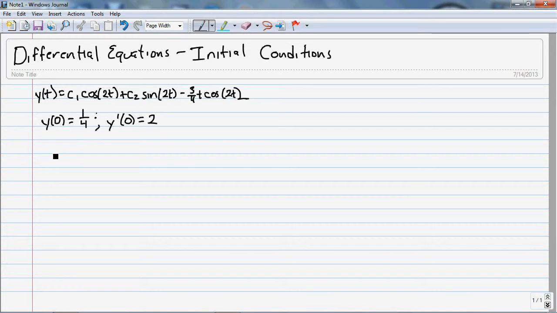Now I can put in the 1/4 with this equation and put 0 in for t's.